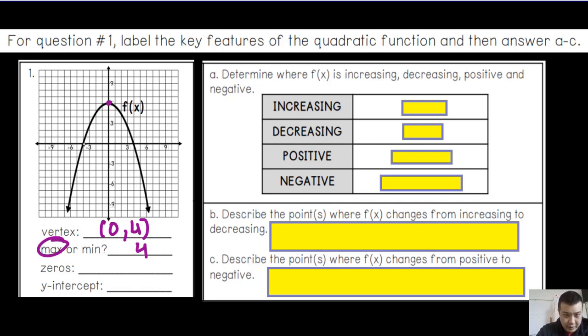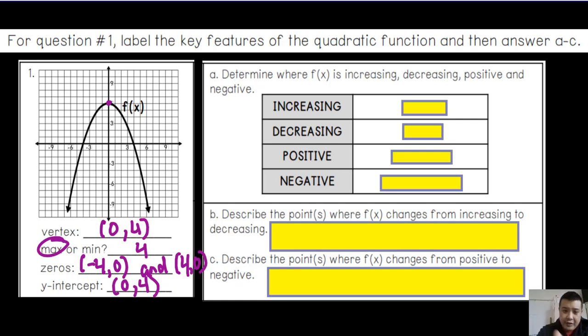The zeros are the x-intercepts, so that is (-4, 0) and (4, 0). And the y-intercept just happens to be the vertex, so that is (0, 4).